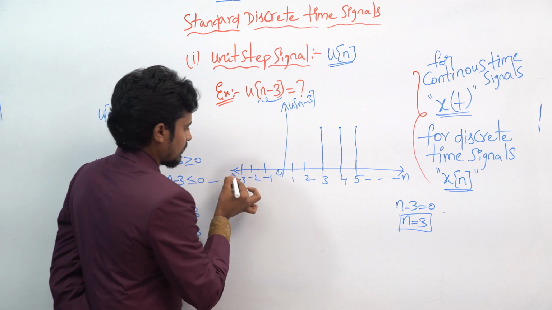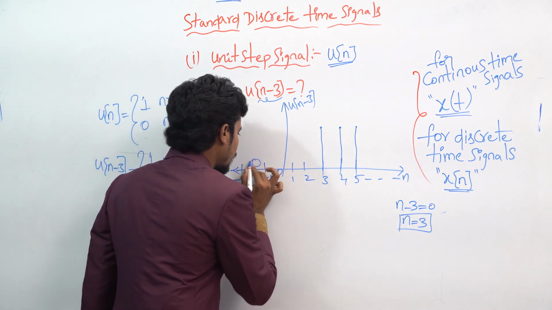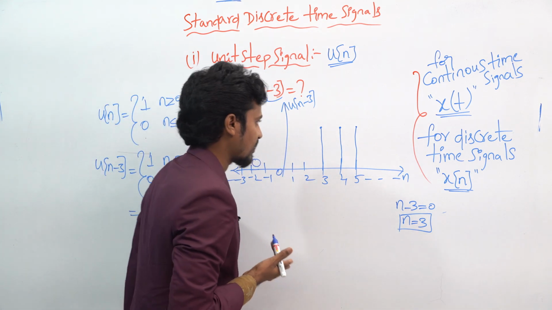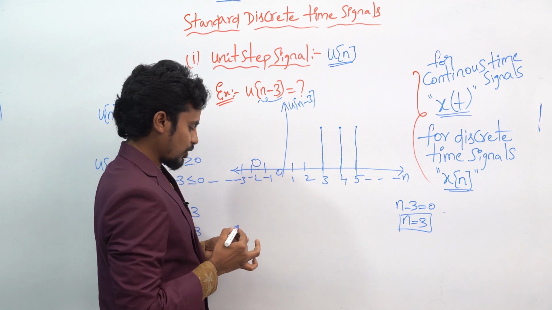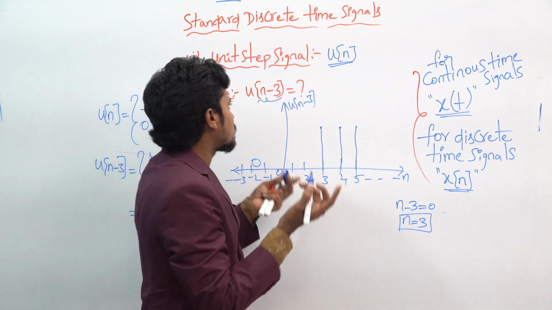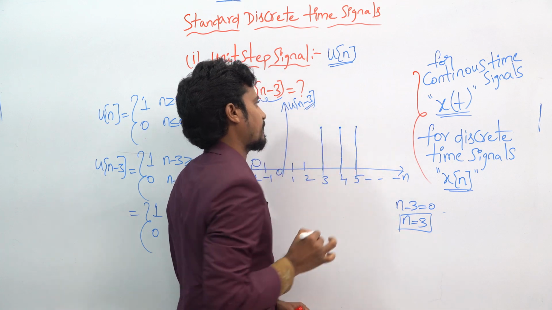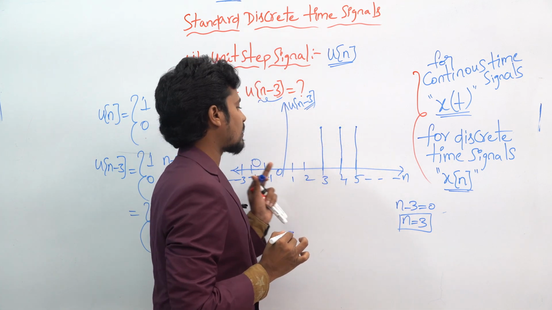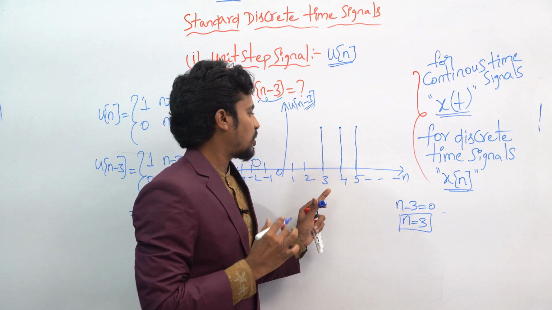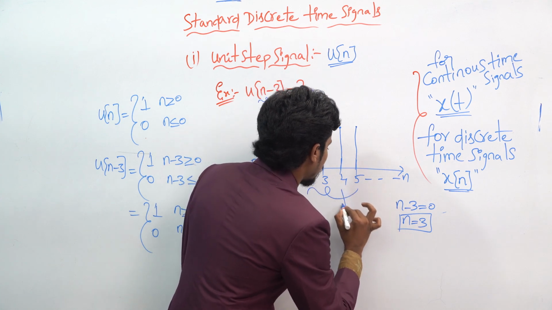For -3, -2, -1, 0, it will be 0 only. Here you can't get any signal. You can take it as 0. Here one thing you can observe: you might imagine that your plot will start at -3, but it starts at +3. That means a delay happens. This is said to be the delay.